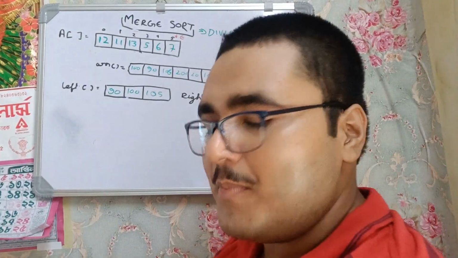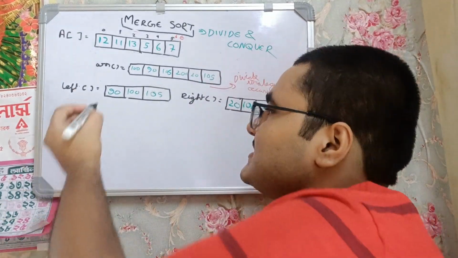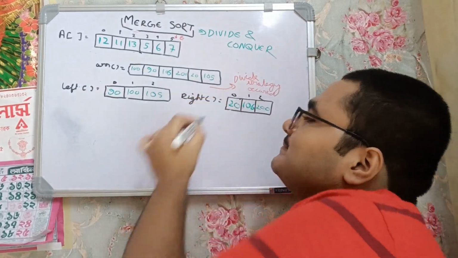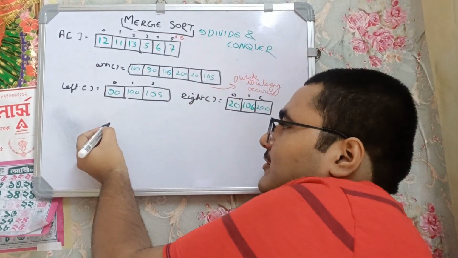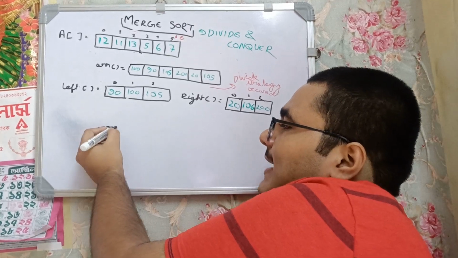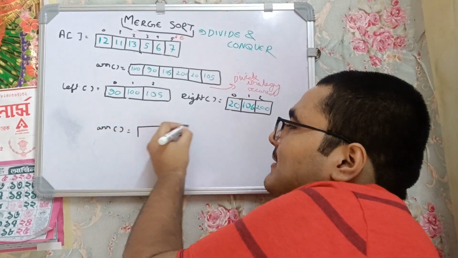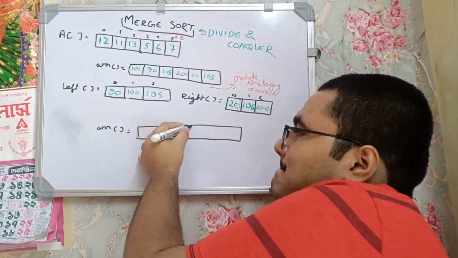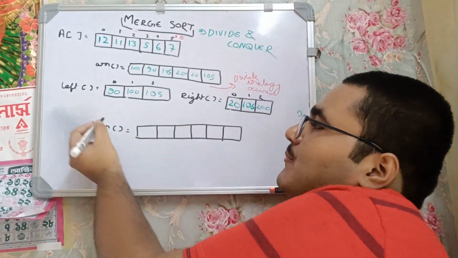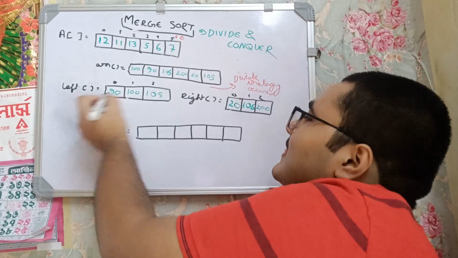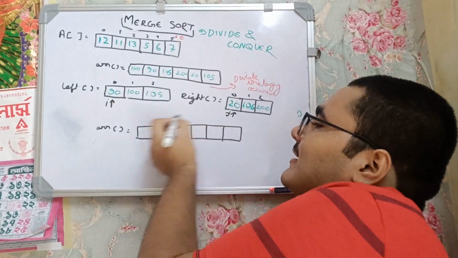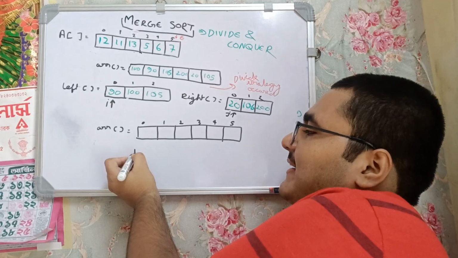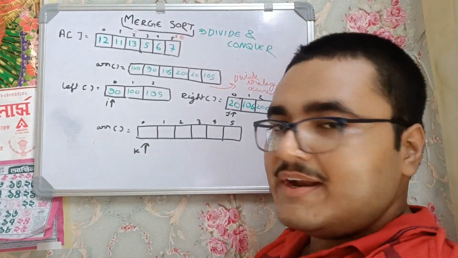So now how to merge it? In the same fashion that we did for the previous array. So 0, 1, 2. Now just understand the rule. While merging it into a single array, we will be using the pointers i, j, and here it will be k, right?